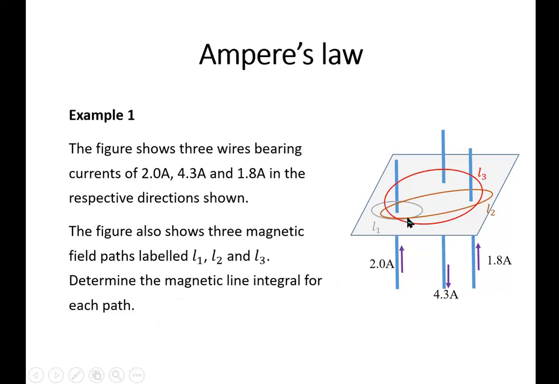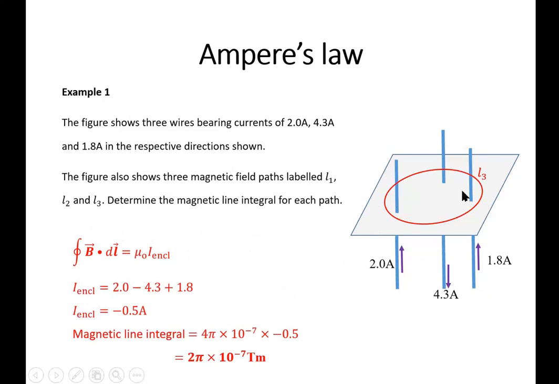I want to do what you consider the most difficult one, and you will be able to do the easier ones. So for the third path, it encloses all 3 wires. What we are going to do is write the expression.